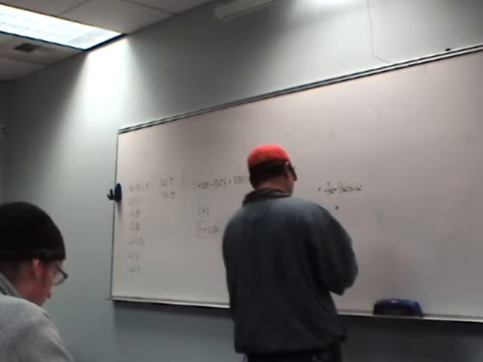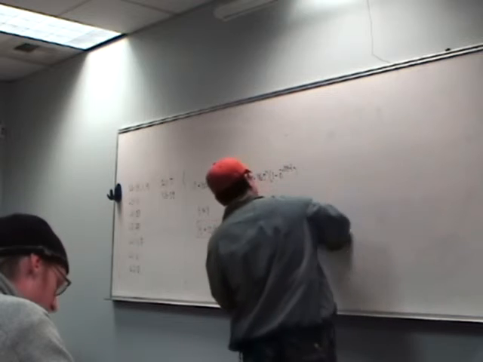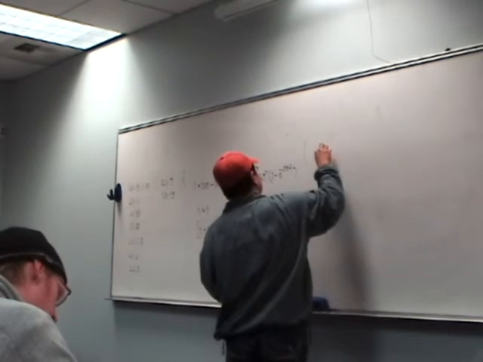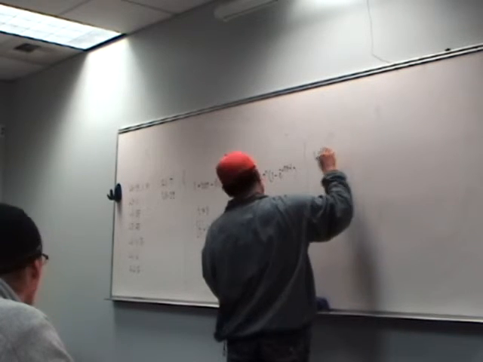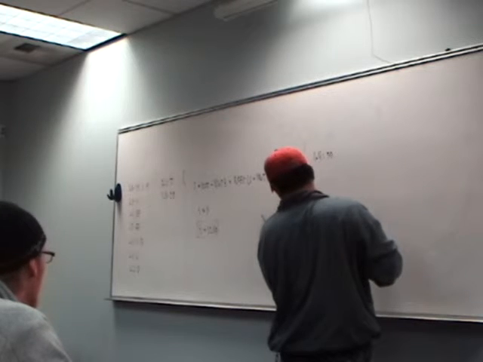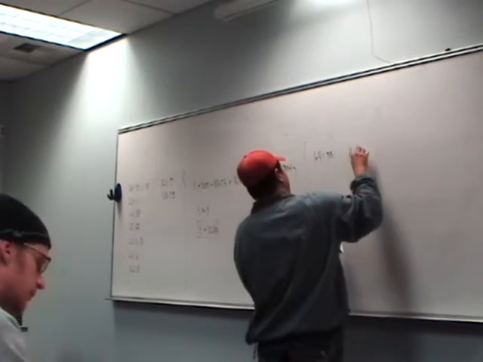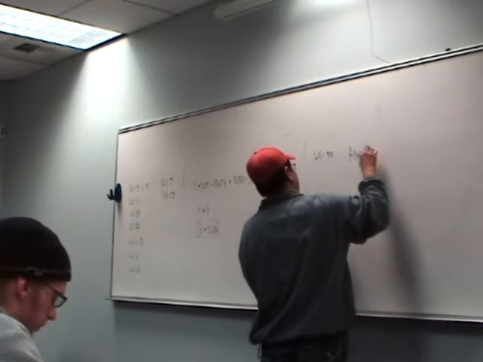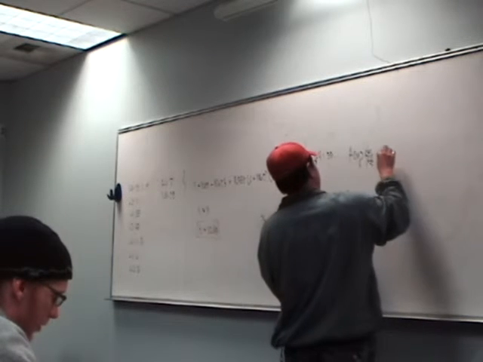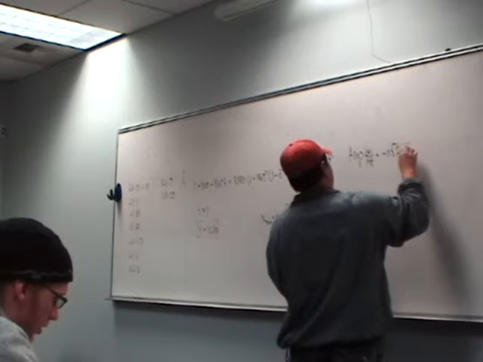And here we have dV/dt, so A(y) dy/dt is equal to minus a square root of 2gy.